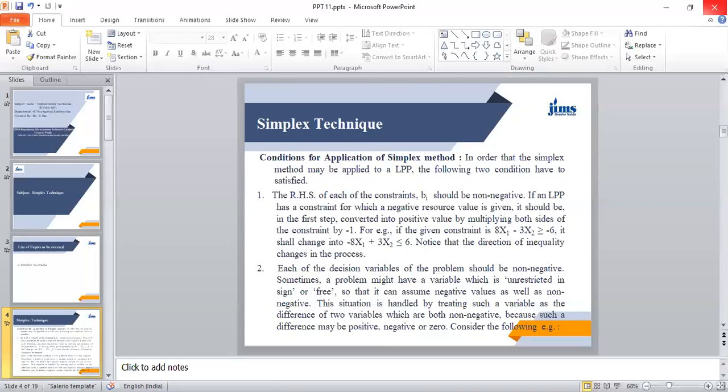Then our constraint will get changed to -8x1 plus 3x2 less than equal to 6. So when we multiply both sides with -1, the direction of inequality also gets changed. Earlier it was a greater than equal to type inequality, now it got changed to less than or equal to type.